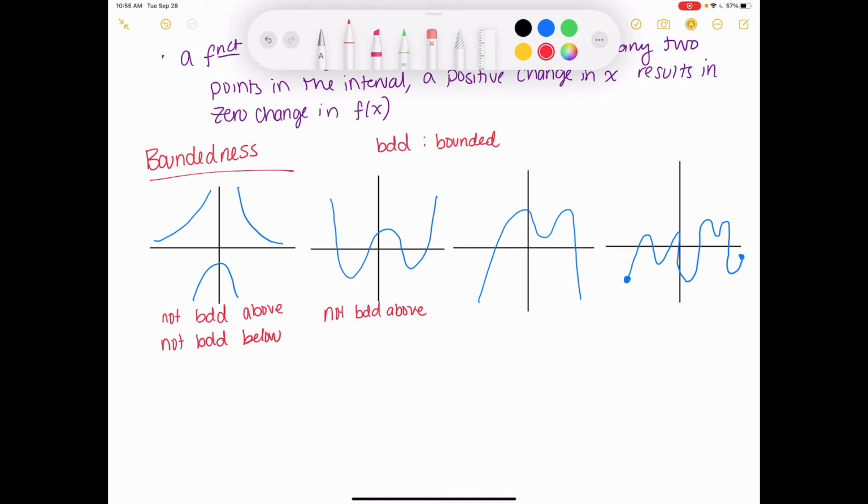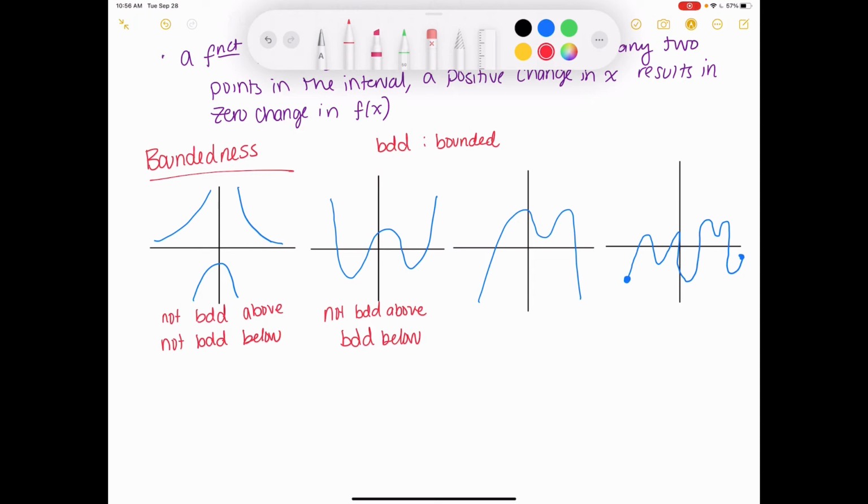It can't go lower than that, and because of that, we can say that it is bounded below. These graphs are a little extreme, but the parent function of a parabola would be bounded below, but not bounded above. That helps you visualize something a little more familiar.